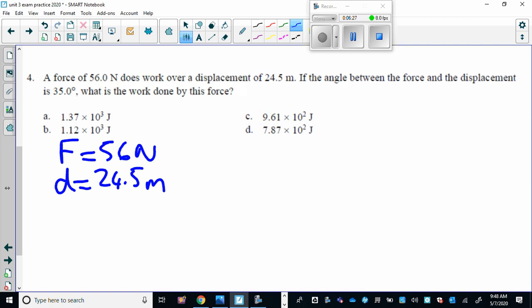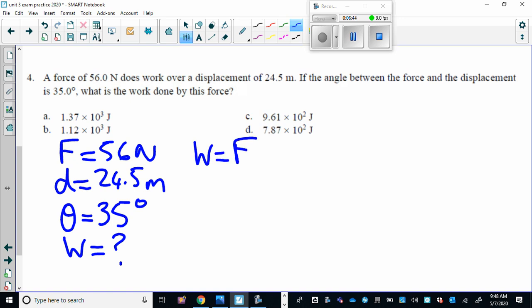If the angle between the force and the displacement is 35 degrees, what is the work done by the force? Go to our formula sheet, find the formula that has these variables in it. It turns out to be work equals force times distance times the cosine of theta.